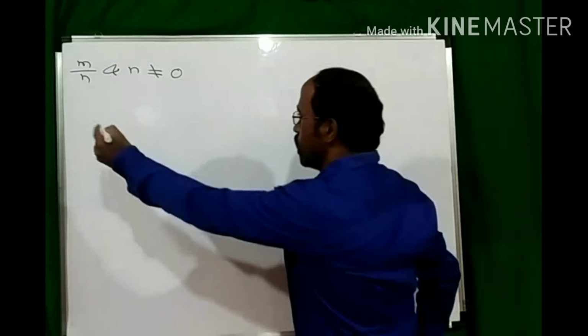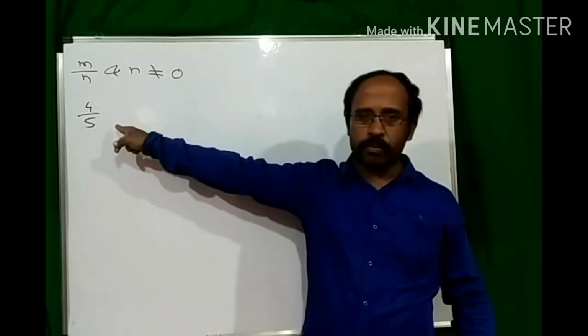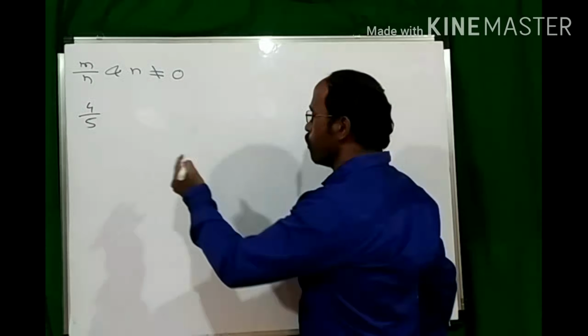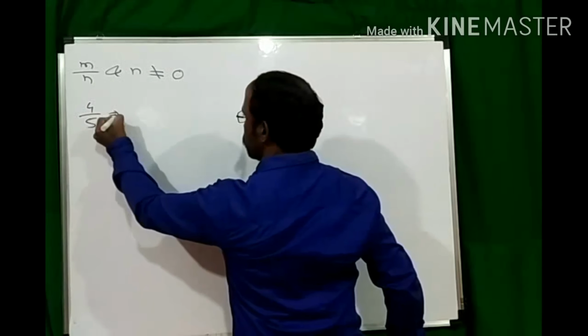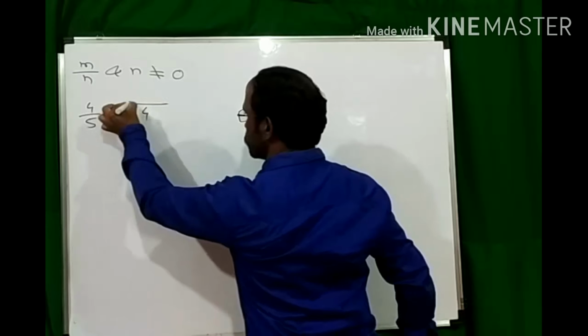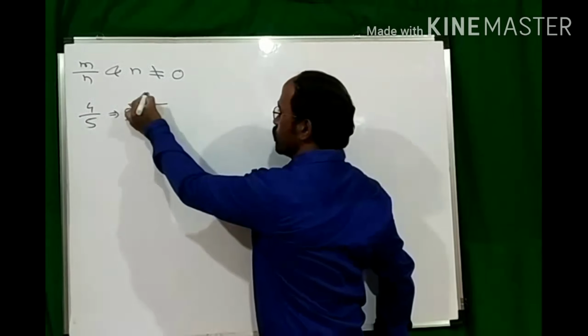Let us see. Suppose 4 upon 5. 4 upon 5 is a rational number and we have to show its decimal representation. We will show it as 4 divided by 5. 4 is less than 5, so 0 will be the quotient.